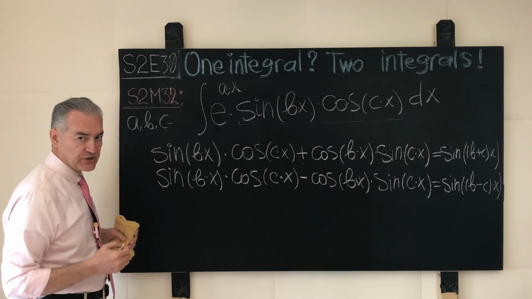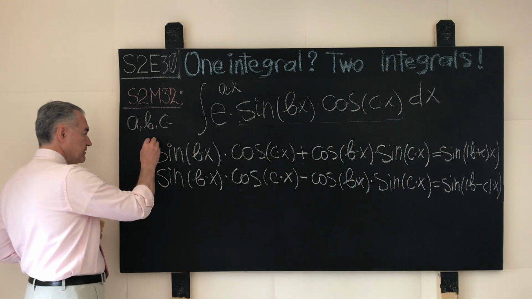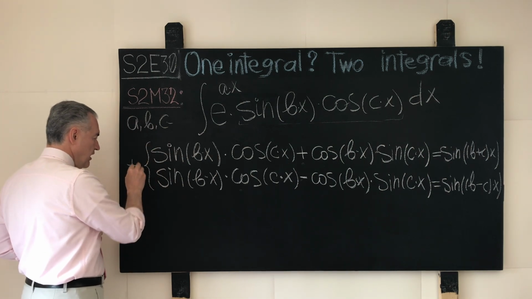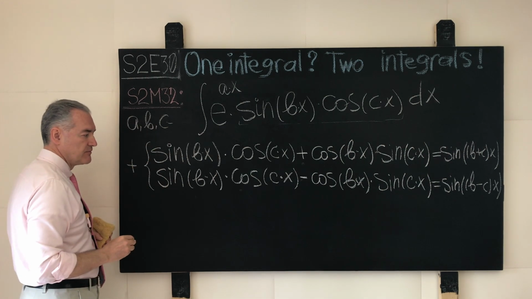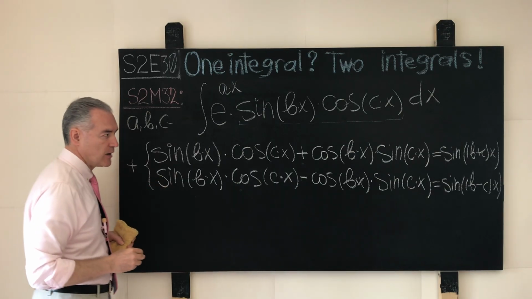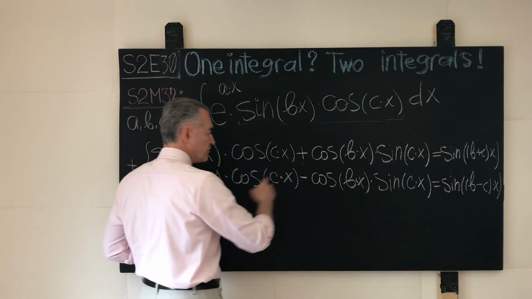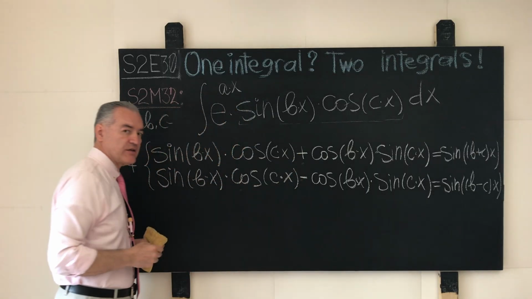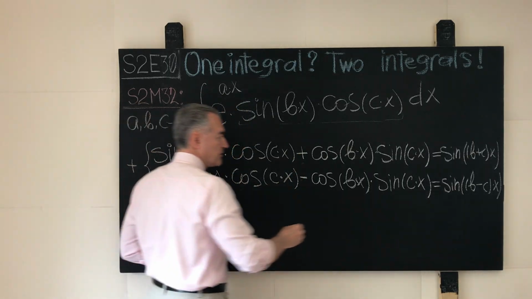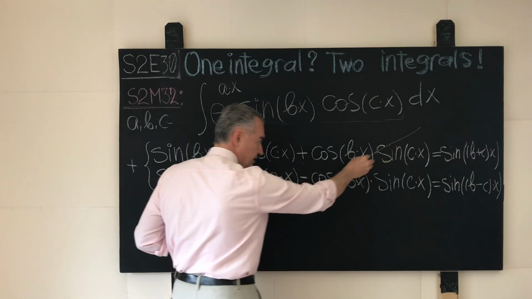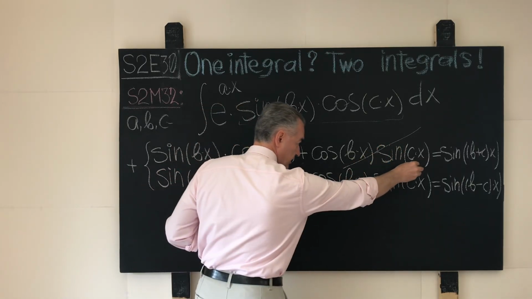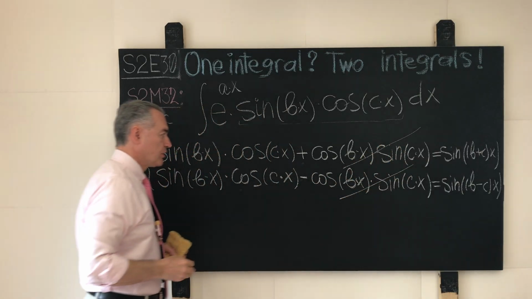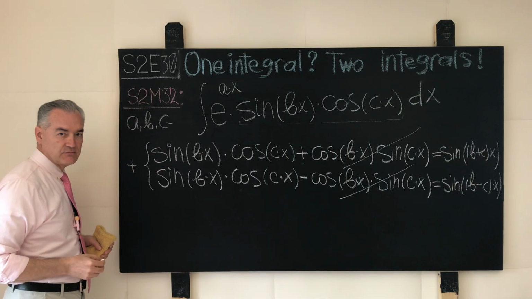What do we see over here? Well, let's right now add these two relations together, and if we do, what will happen? Amazingly enough, this summand and this summand will cancel each other.